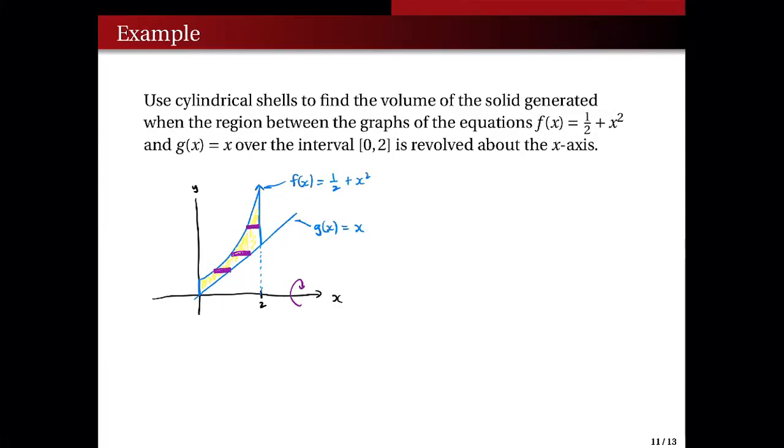So after the revolution, you will have something like this. So this is your cylindrical shells.